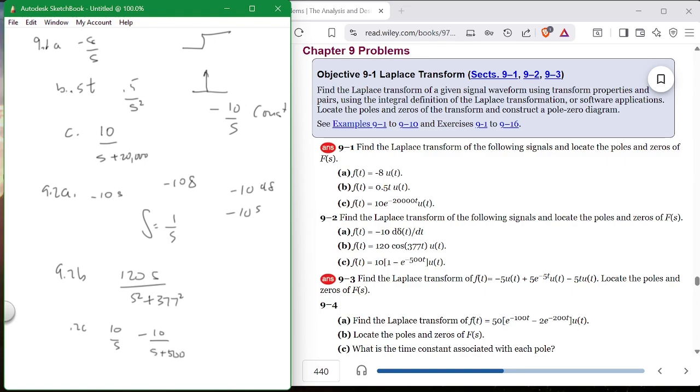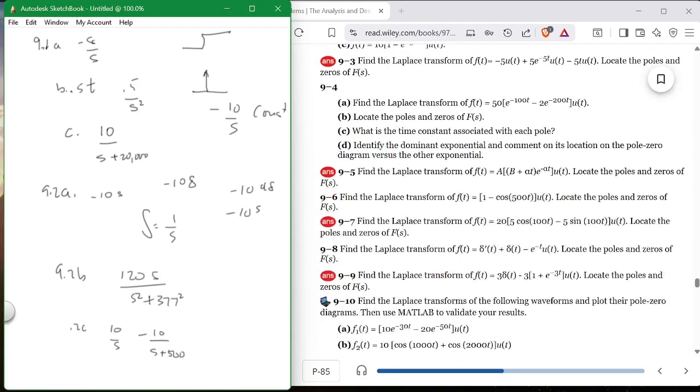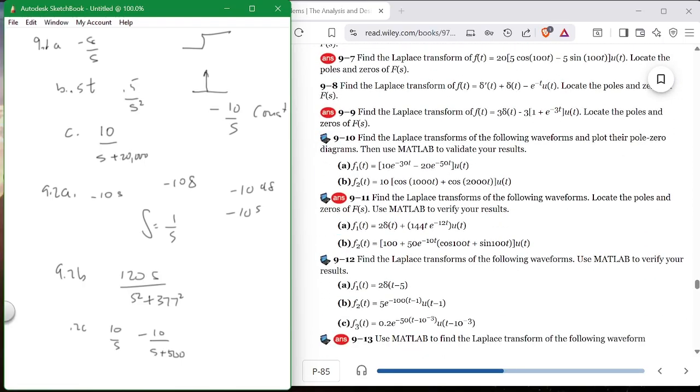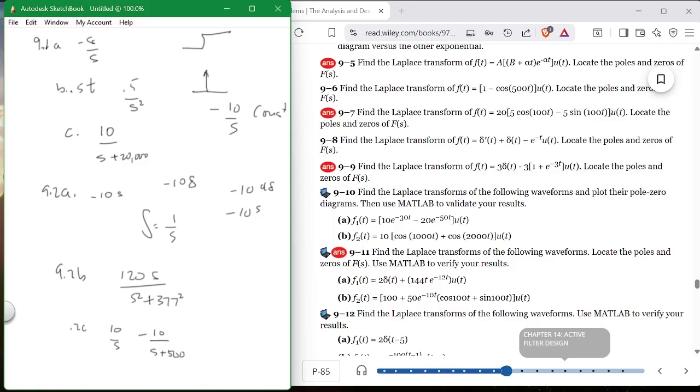Isn't that right? Everybody agree with that so far? Now we're moving along. We're going to forget about this poles and zeros. Although poles and zeros are important, that's a minor point as far as I'm concerned.